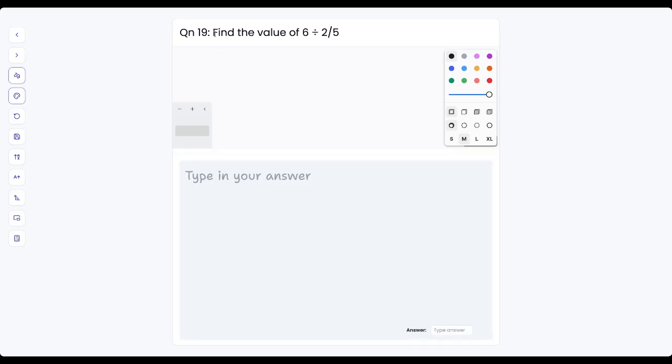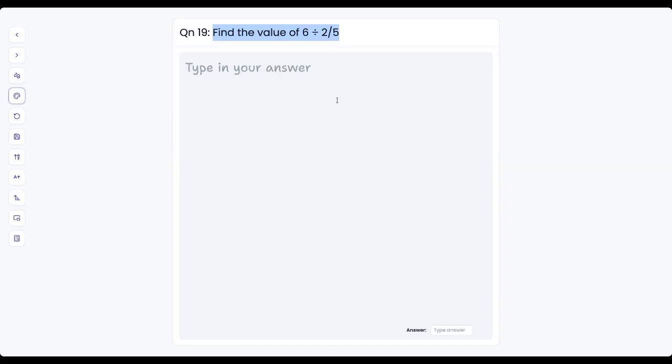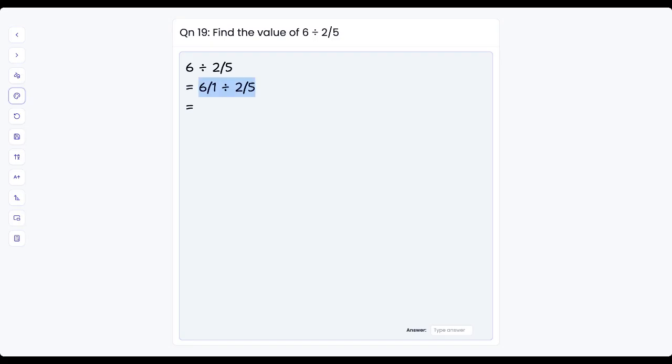Okay, question number 19. Find the value of 6 divided by 2 over 5. So for this case, I'm just going to put here divided by 2 over 5. So we need to convert it into fractions. So 6 over 1 divided by 2 over 5. Then we just flip the divide. So 6 over 1, and then we multiply and flip this into 5 over 2.